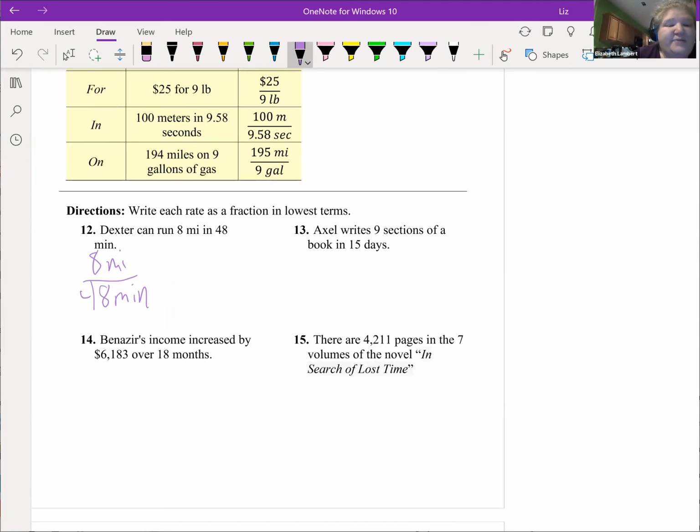All right, so 8 and 48, those are actually both divisible by 8. 48 is 6 times 8. And then 8 is, of course, 1 times 8. So this reduces to 1 mile per 6 minutes. So Dexter can run 1 mile in 6 minutes.